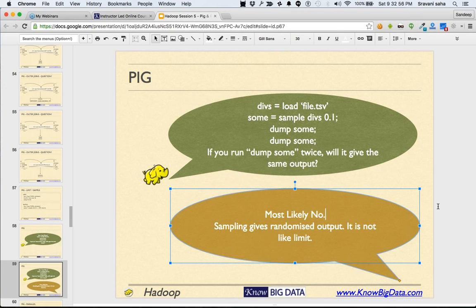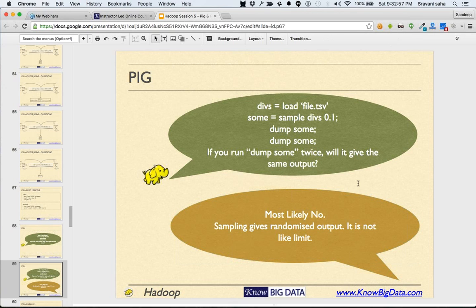Okay. So I think in the recent versions of Pig, it's giving the same results when you say dump sum. But if you run the full script again, like the way Veena is saying, then it gives different results. But if you run dump sum twice, it's giving the same results. That's something which has changed in recent versions because the sample is being computed here itself.